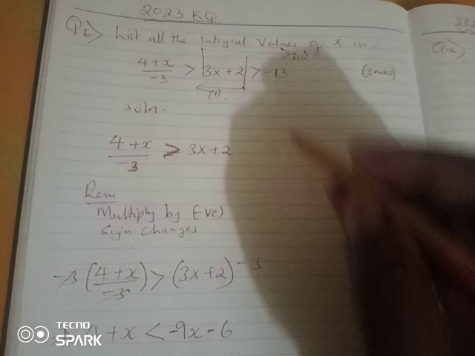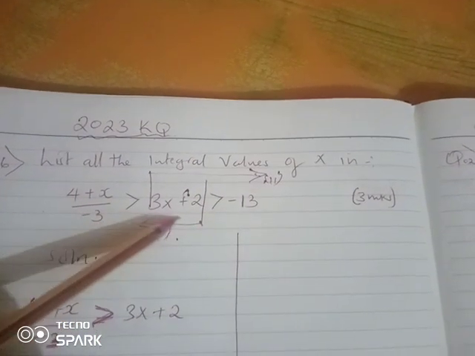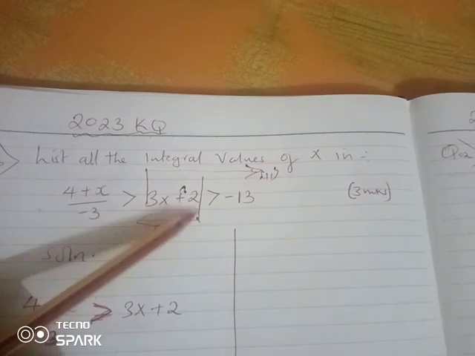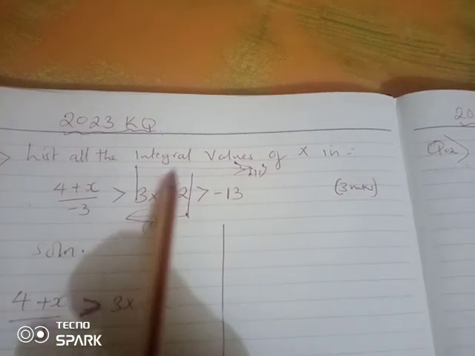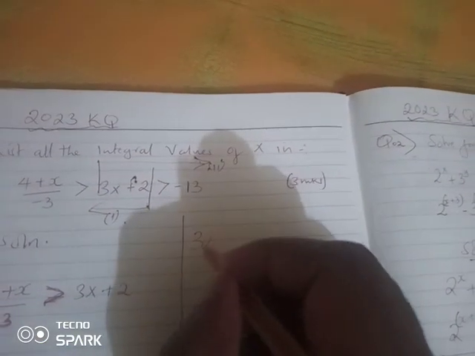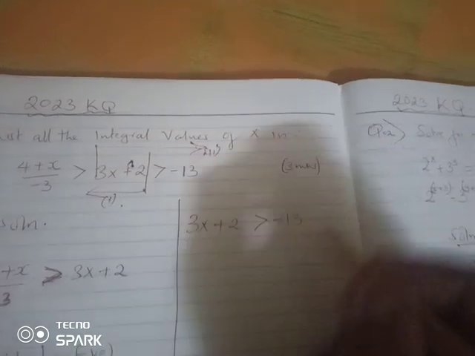Coming over with our inequality 2, like I said, now that we started from the left and moved all the way to just before we reach the second sign, the same thing I said, we are now going to do from the right, just before we reach the second sign. So our second inequality therefore is 3x + 2, which is also greater than negative 13.